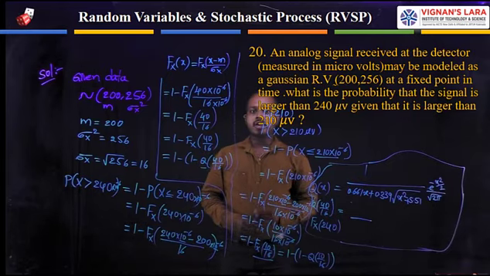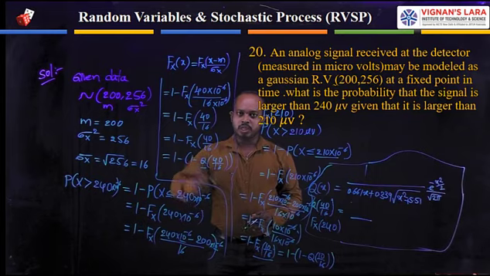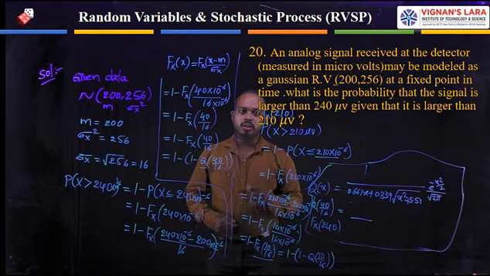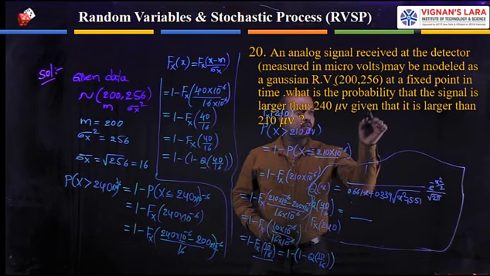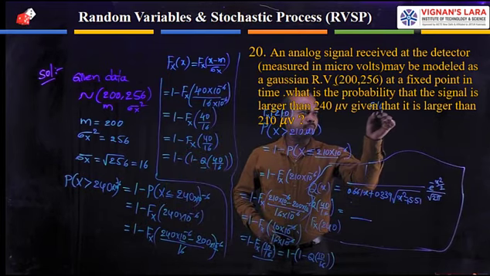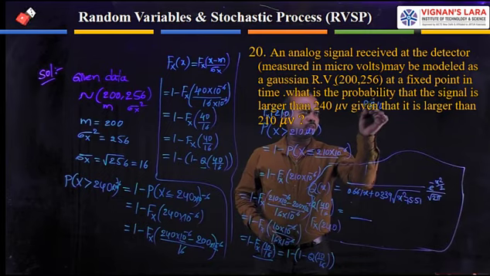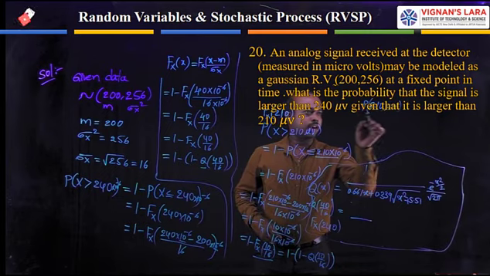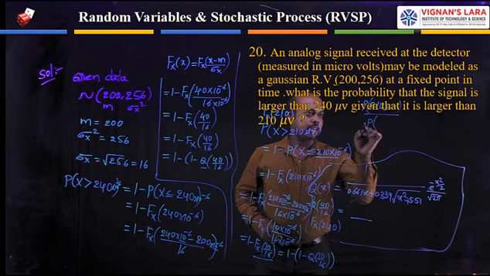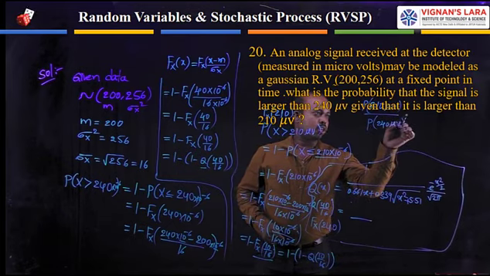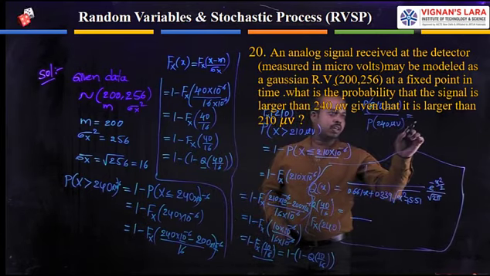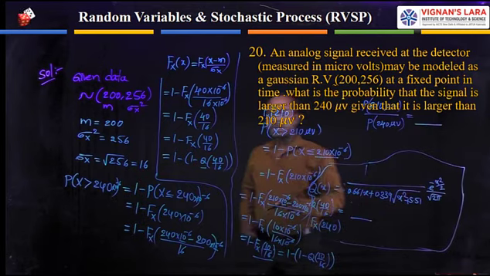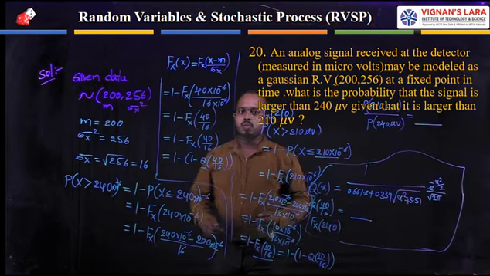In this ratio, take the least number in the numerator and the highest number in the denominator. Here I am writing the final value as the probability for 210 microvolts divided by the probability for greater than 240 microvolts. From this ratio, you finalize which value is greater. That is the solution for this one.